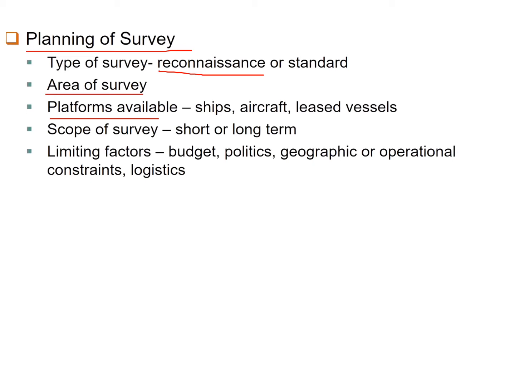Platforms means the medium you are using as a transportation system, such as a ship, aircraft, or leased vessels. Now what are vessels? Vessels are the ships themselves, but there is a difference between a ship and a vessel, just like a vehicle is the general term, which involves everything from a two-wheeler to a four-wheeler.